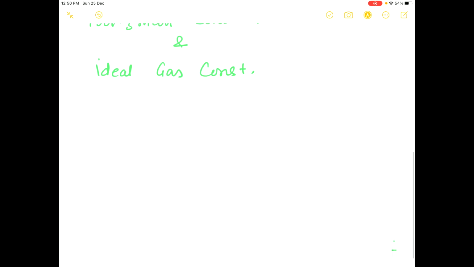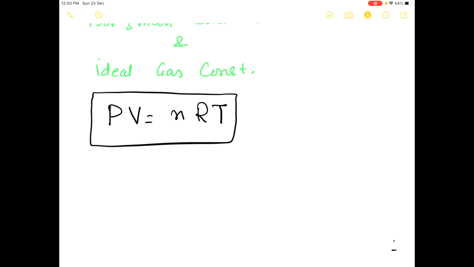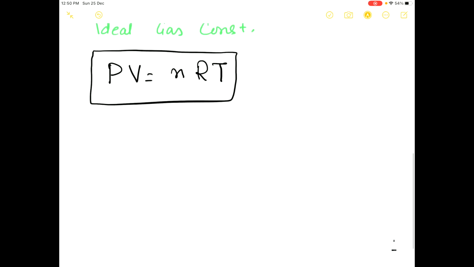See, we have studied that PV is equal to nRT. This is the ideal gas equation. Here n is for number of moles.